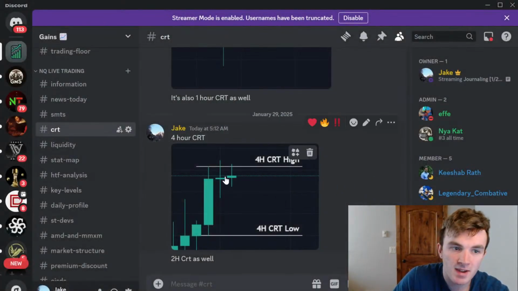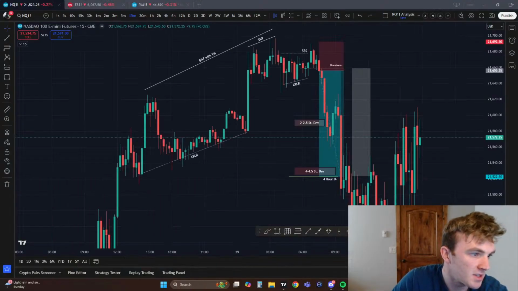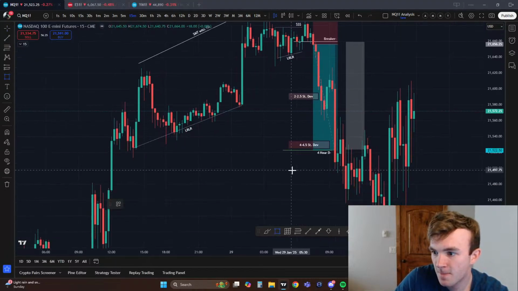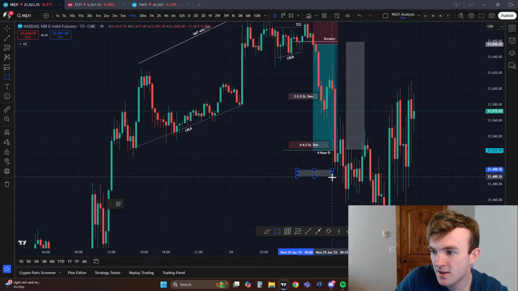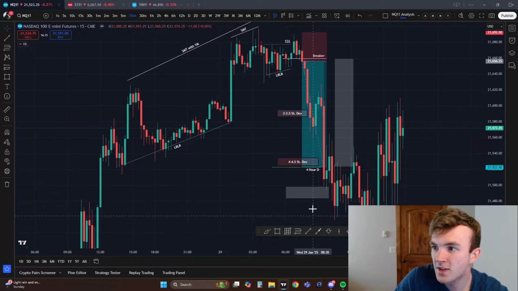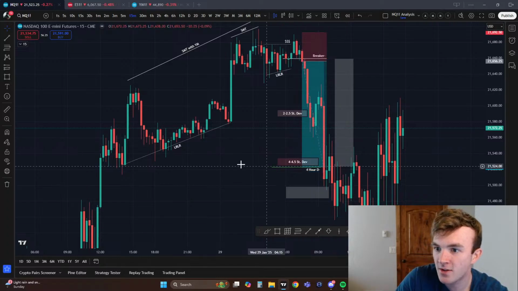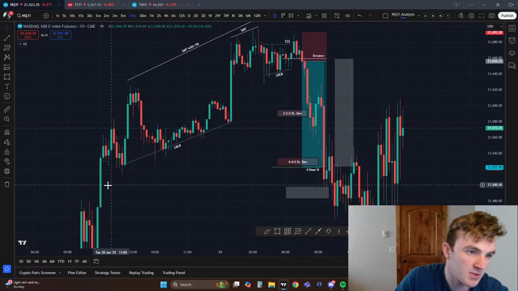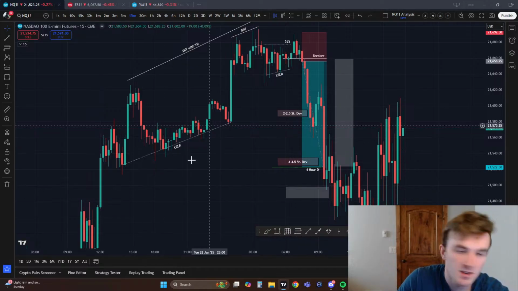So with that in mind, this 4-hour candle goes from 6 o'clock Eastern to 10 o'clock Eastern, which is this window of time right here. From 6 until 10, we're looking to trade this candle down to go run all this liquidity. So that's how we're using higher time frame CRT to take lower time frame trades.